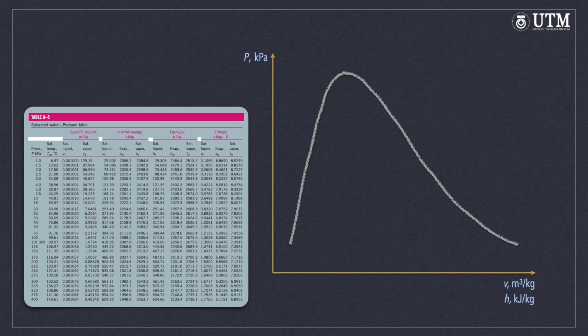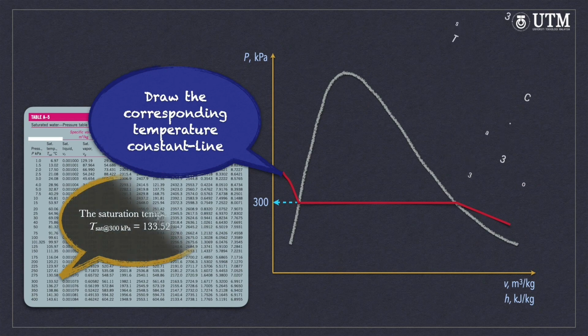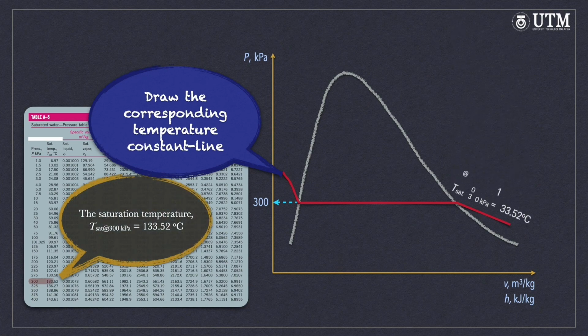On the PV diagram, we draw the corresponding saturation temperature constant line for state 1 at 300 kilopascals. Based on table A5, the corresponding saturation temperature is 133.52 degrees Celsius.